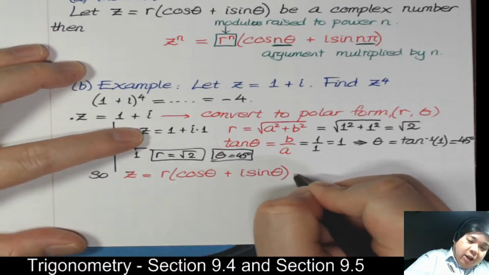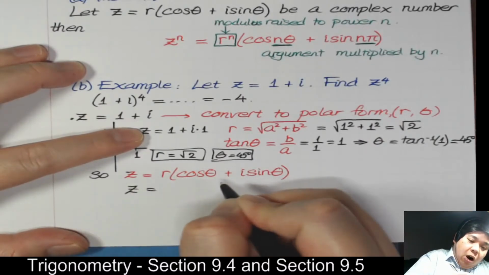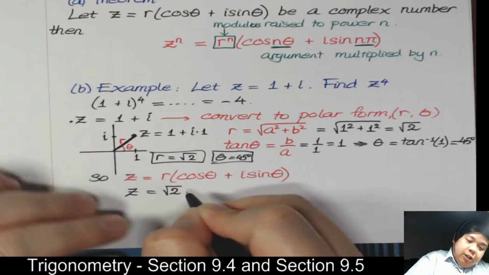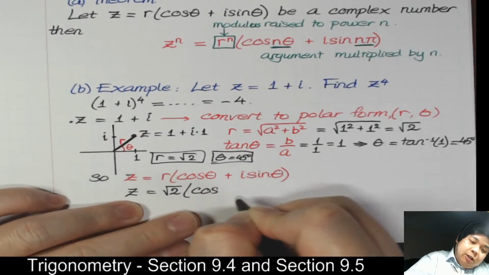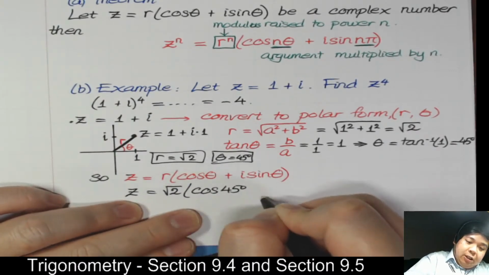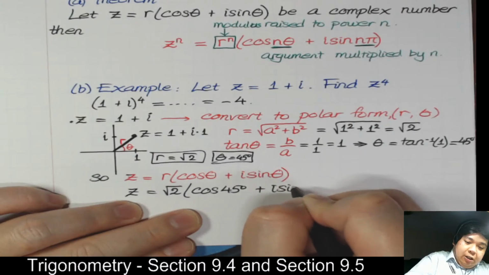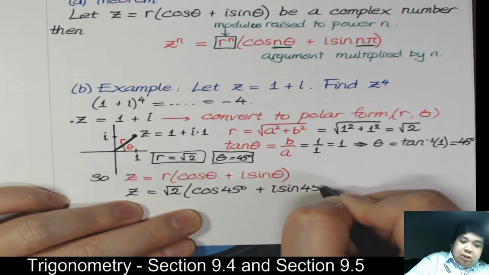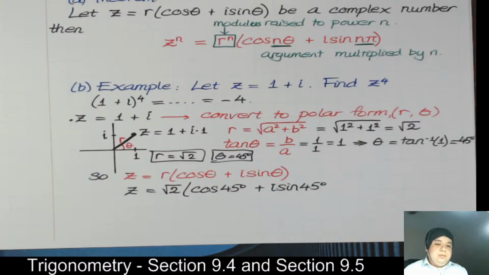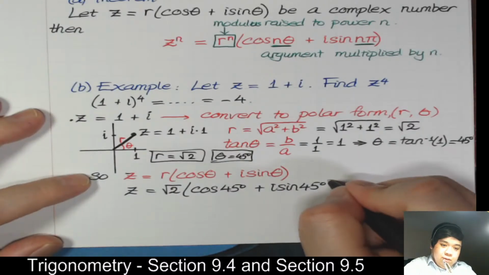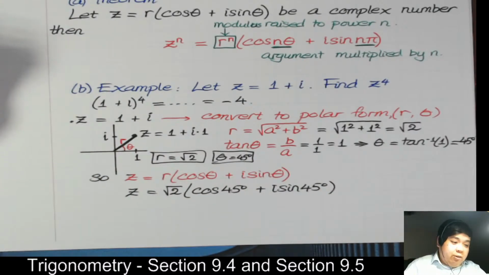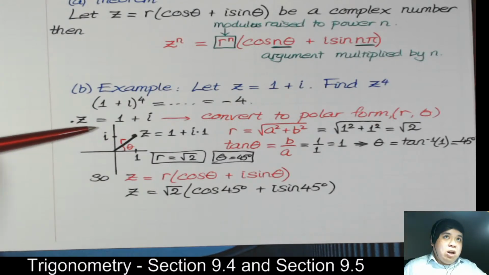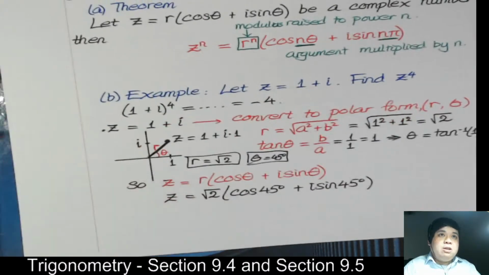So in this case, r is square root of 2, and then cosine of 45 degrees plus i sine of 45 degrees. So that's the first thing we do, convert rectangular form to polar form in that way.